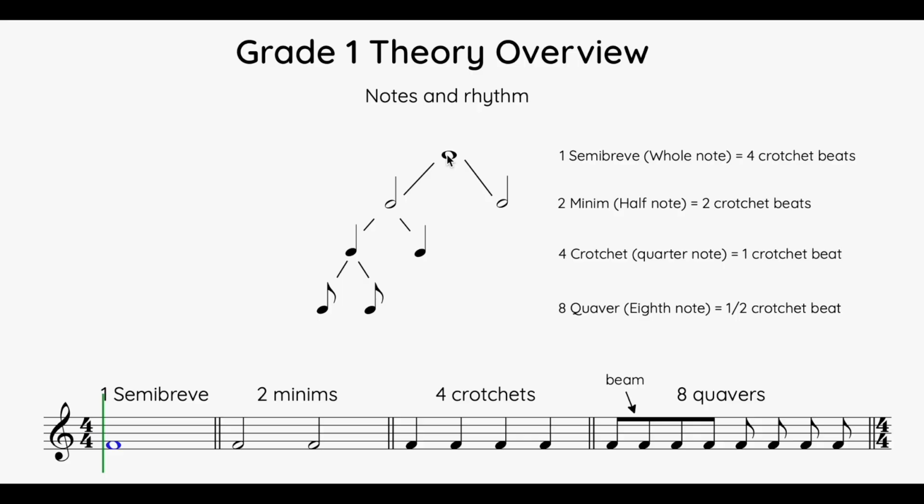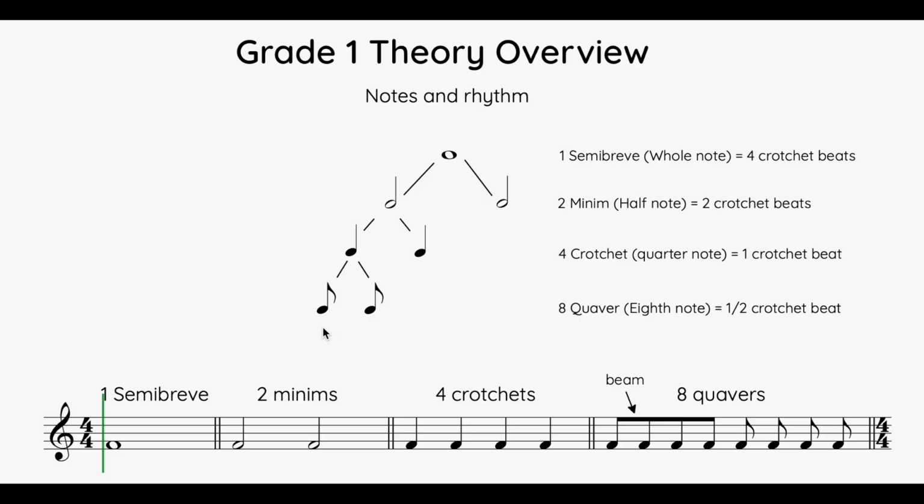So for the same amount of time, we would need two minims to make up the semibreve. In a similar way, a crotchet here is half as long as a minim. So it takes two crotchets to form the same length of time as a minim. And obviously, the crotchet, therefore, is a quarter of the original semibreve.